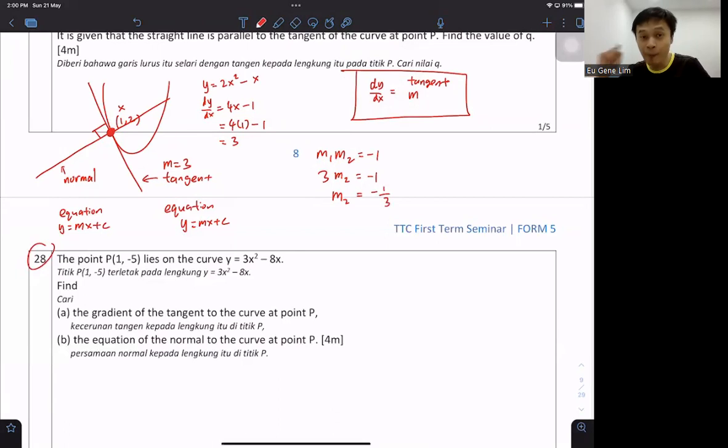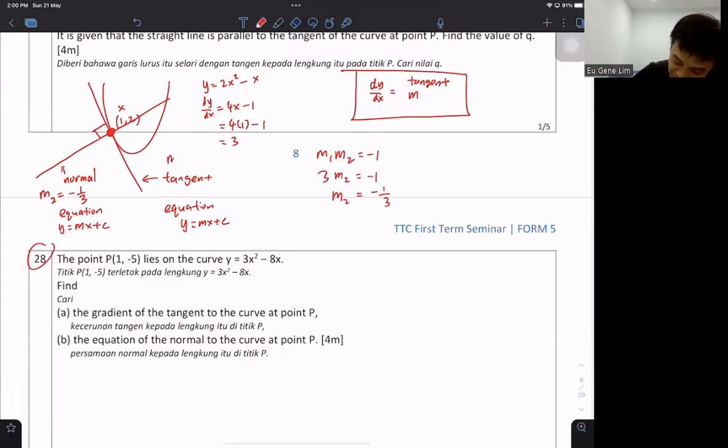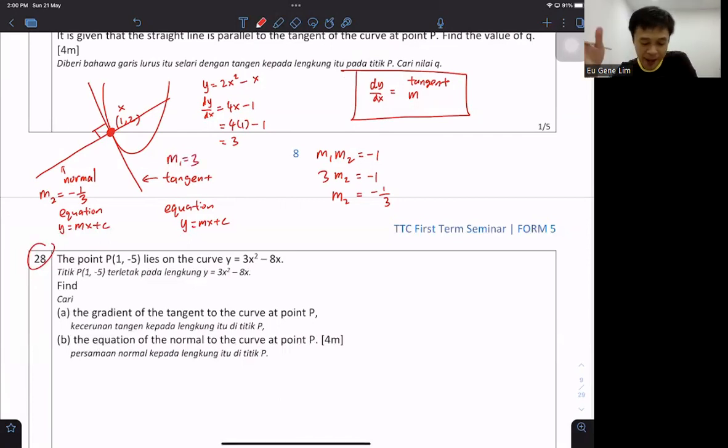That is the normal gradient here. Understand? So here I should write m1 is 3. You remember m1 is the tangent gradient, m2 is the normal gradient. M1 is 3, m2 is negative 1 over 3.